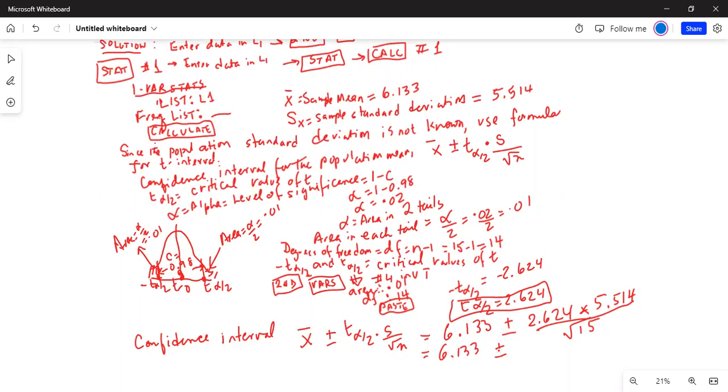So this is plus minus 3.736. Now, this whole thing is called margin of error, or some books call it error bound margin.